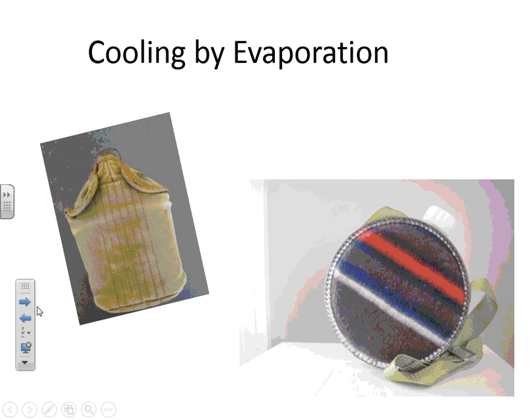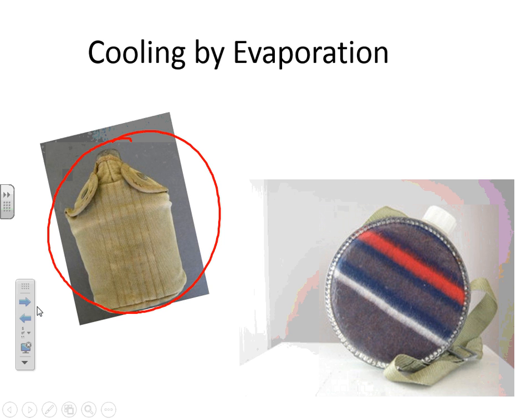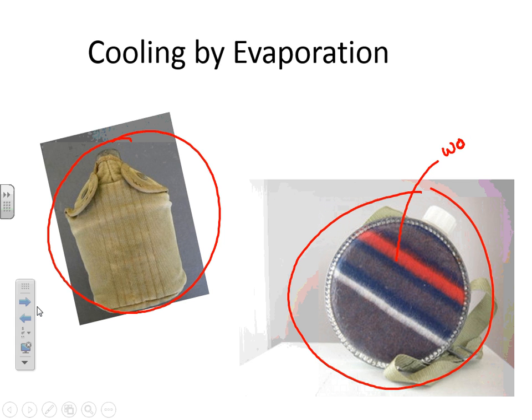Now, one use of evaporation to cool things is by canteens that are covered in either canvas. So the canvas is this old style one. If you ever go to Army surplus stores, you might see those, or there might be one around the house. Or a canteen that's covered in a wool felt.